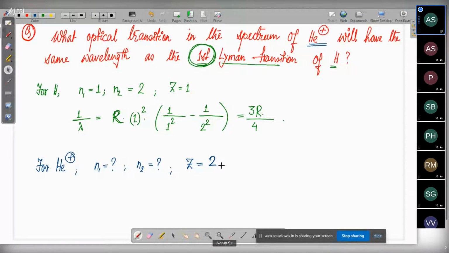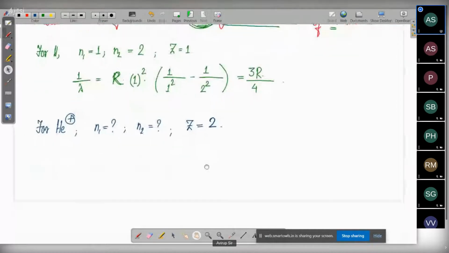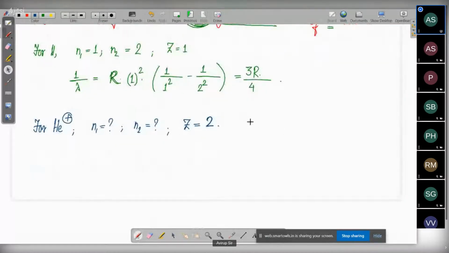So now you write down the Rydberg equation. 1 by lambda is equal to R into Z square, that is 2 square, into 1 by n1 square minus 1 by n2 square.